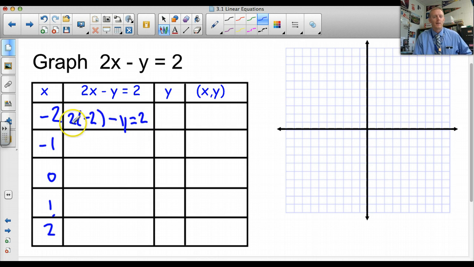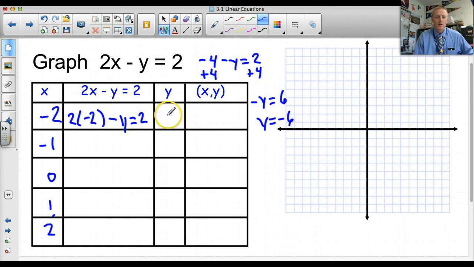I do the math. This is a negative 4. Negative 4 minus y equals 2. So I add 4, and a negative y equals 6. So that means that y is equal to negative 6. So I have the ordered pair of negative 2, comma, negative 6.